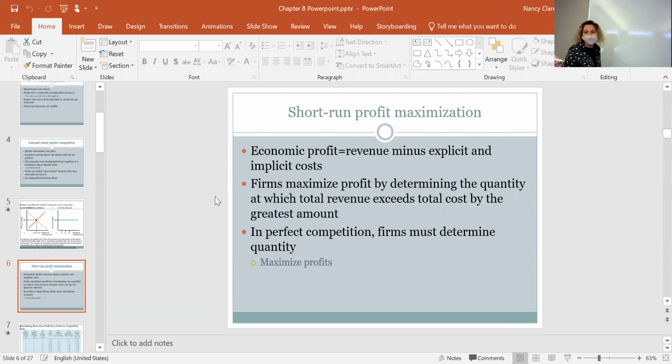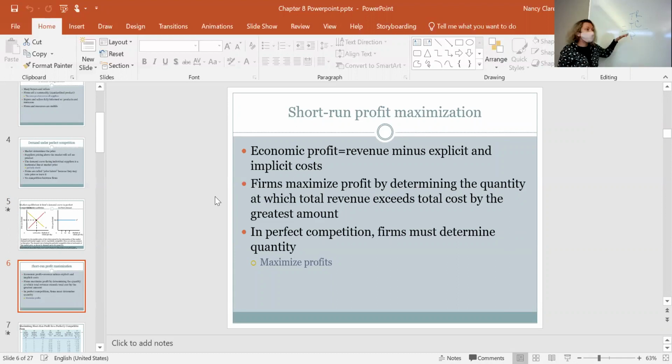All that is saying is that total revenue minus total cost gives you profit. And so you're just trying to find the place where total revenue exceeds total cost by the greatest amount, so that when you subtract them, it gives you profit. This is going to become important when we look at graphs and we're trying to visualize this.